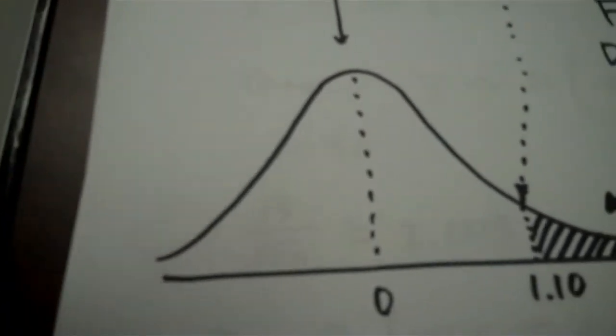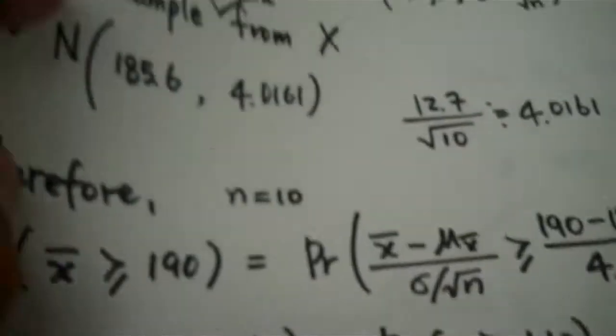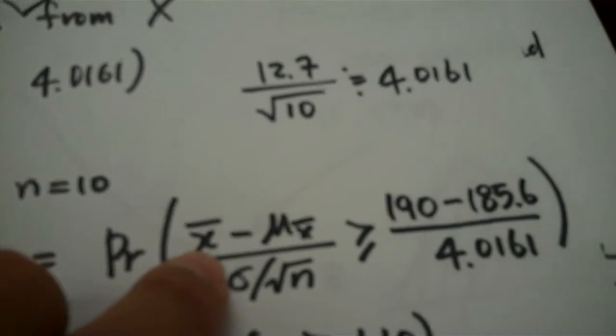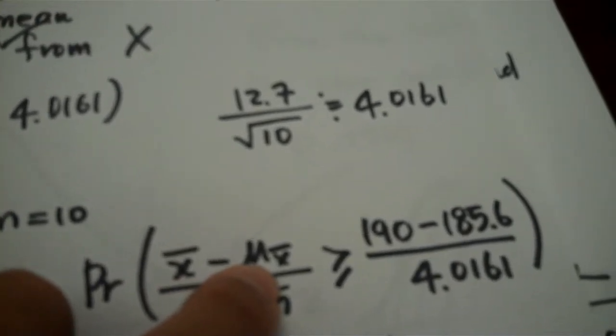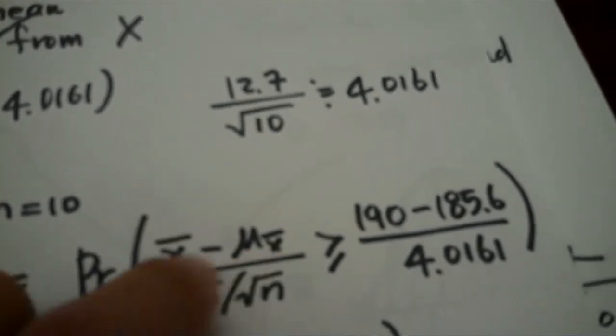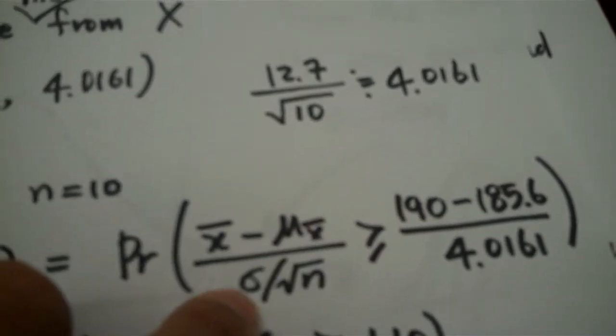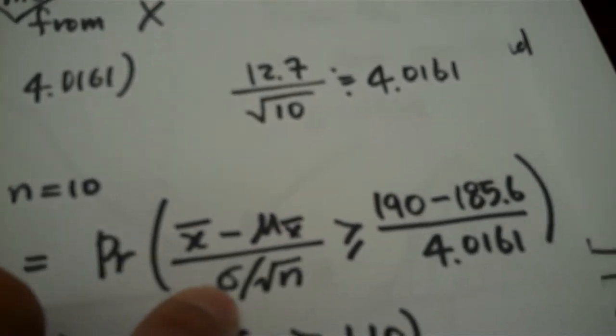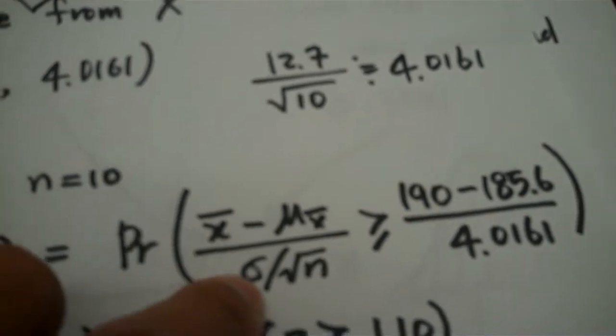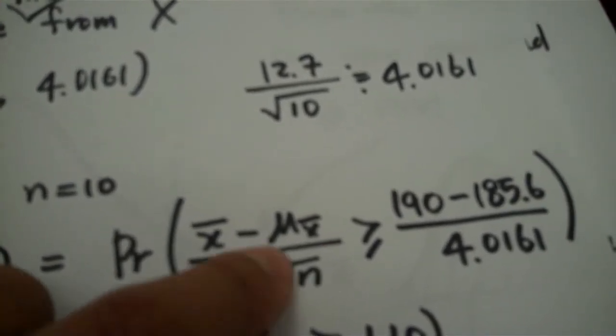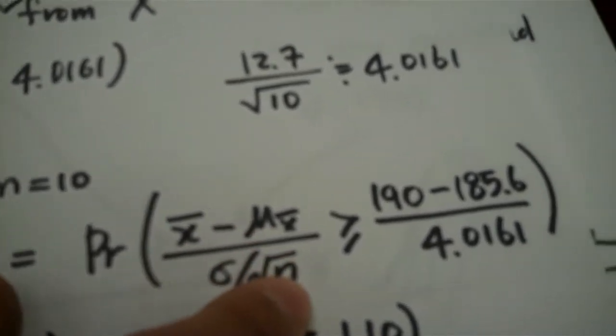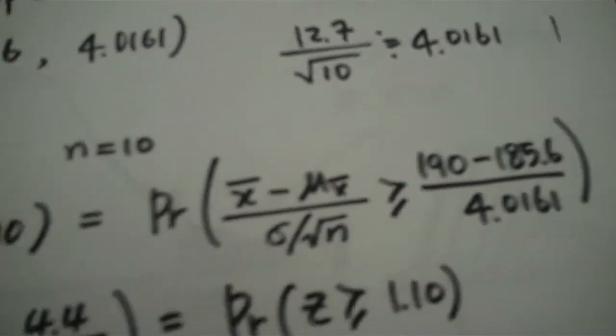Here, z equals x bar minus the mean of x bar, over the population standard deviation over the square root of n.